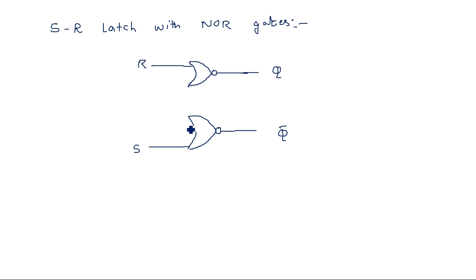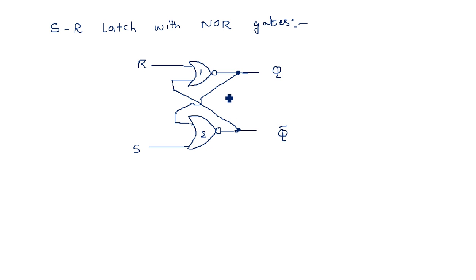The output of one gate is connected to the input of the other gate. The name of this method is cross coupling. This is the first gate and this is the second gate.